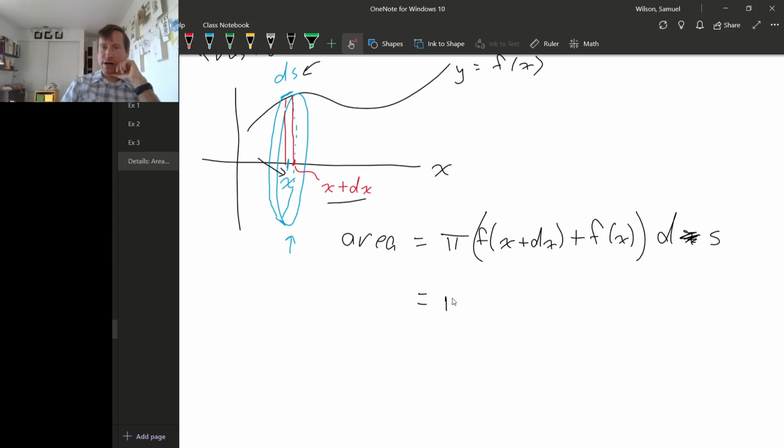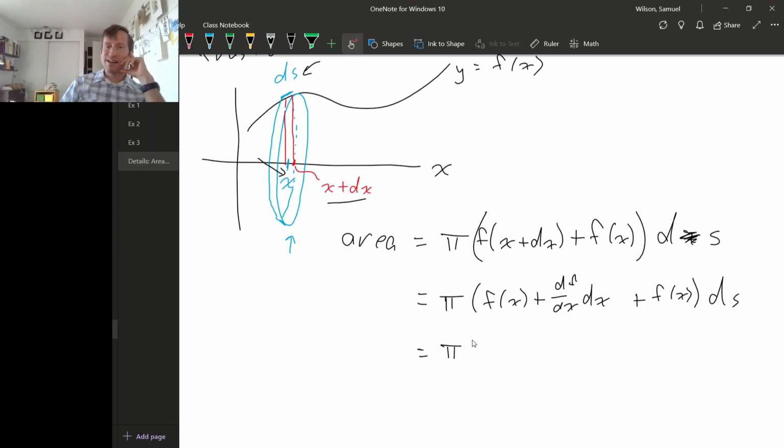So this is pi times. So what about this f of x plus dx? Well, f of x plus dx is f of x plus df dx times dx. This is essentially the definition of a derivative. Okay, plus f of x times ds.